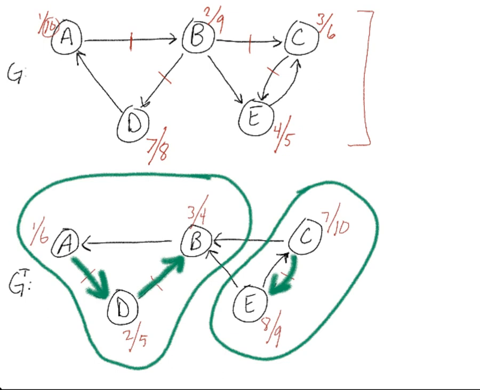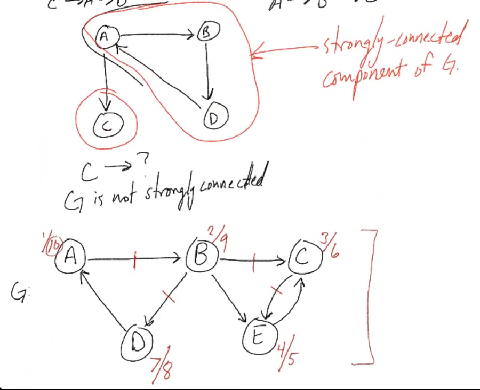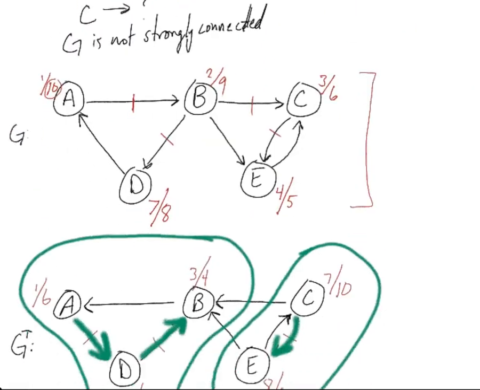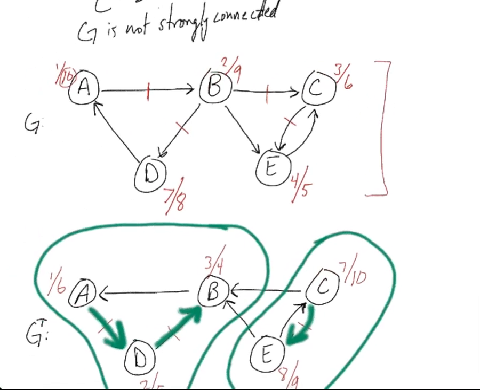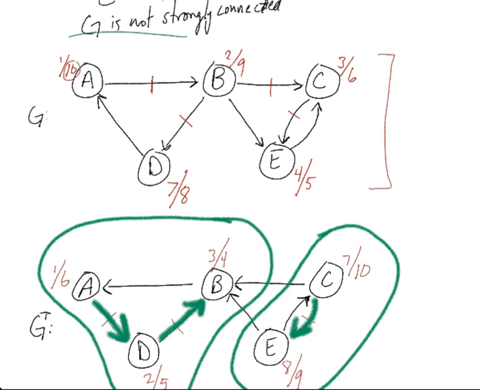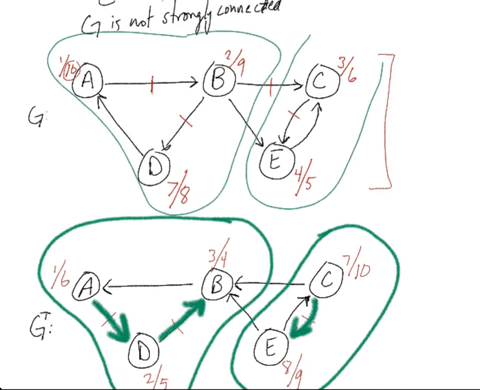Now, let's go back to the original graph, and let's outline the strongly connected components. And let's make sure that they are strongly connected.